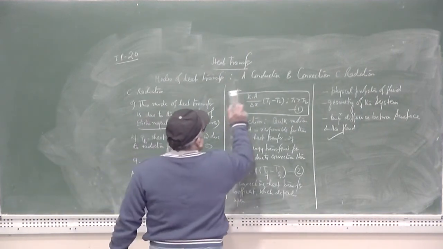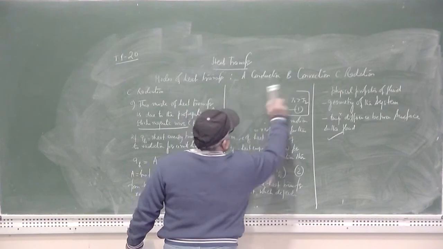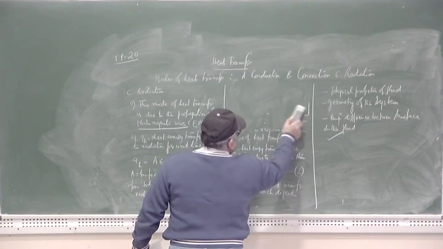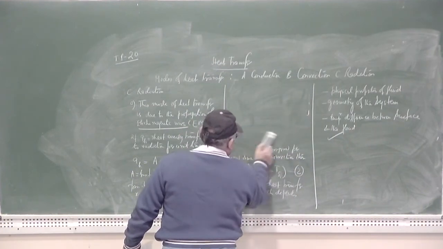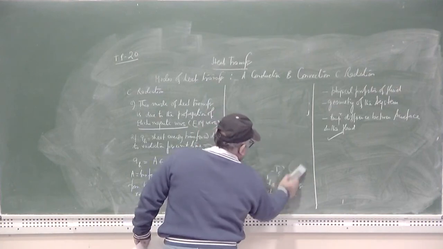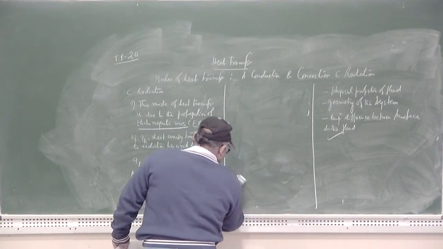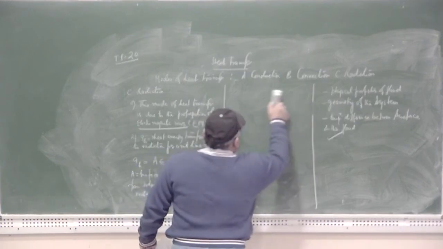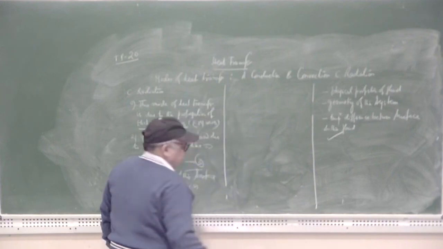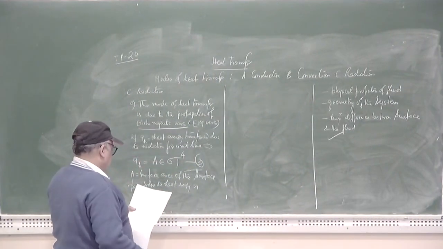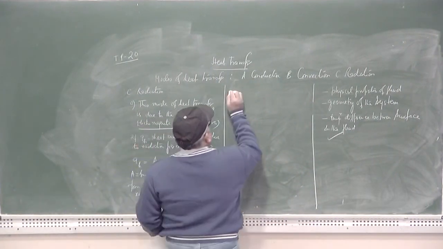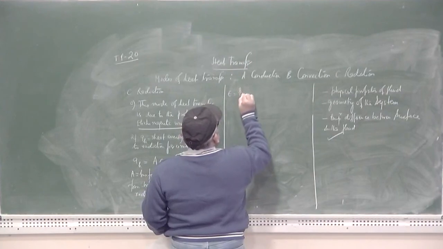Epsilon is a quantity called emissivity, that is the quantity of heat energy transferred per unit area per unit time. That will be dealt in detail in the next class, followed by this class. Epsilon is called the emissivity of the surface.